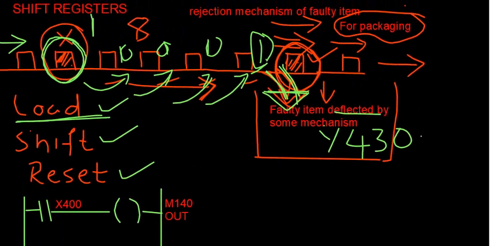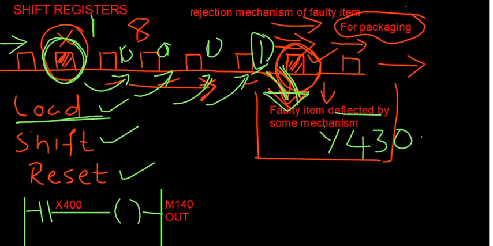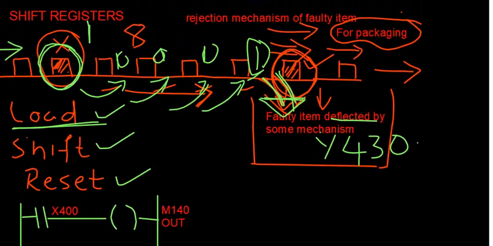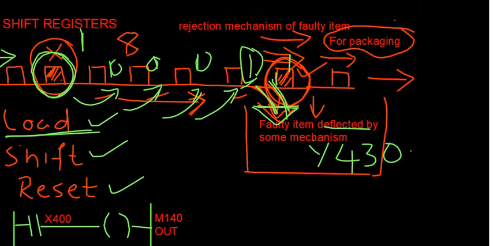Resetting purpose in the sense, you can see here, once the first faulty item comes here, this is deflected. So now the faulty will move in this direction, but the very next item could be a healthy item. As long as it is a healthy item, it moves in this direction, right? After this is deflected, immediately it should make sure that it goes back to the original direction.